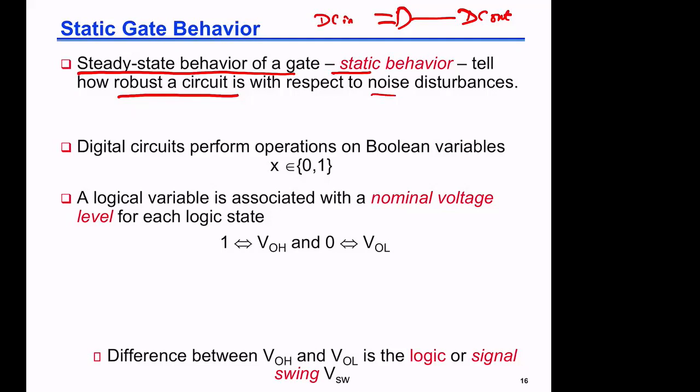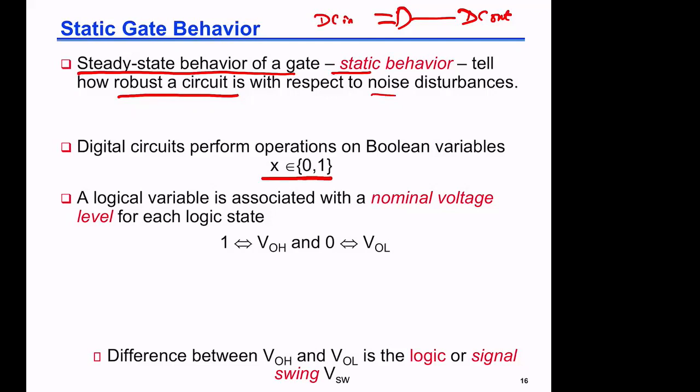Okay, let's go back to our basics. In digital design, we care about binary or Boolean variables, and therefore my input and output pins are supposed to represent a value which is 0 or 1.